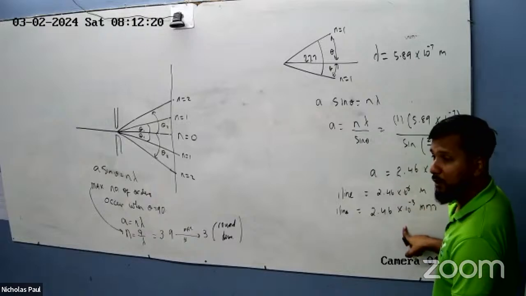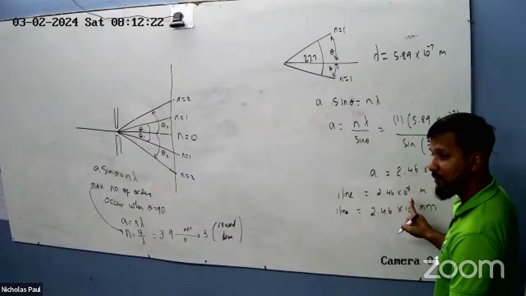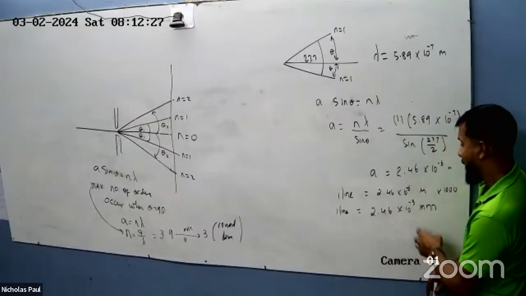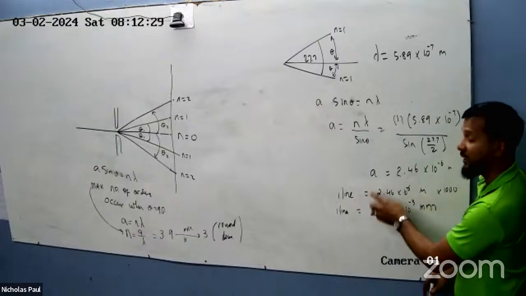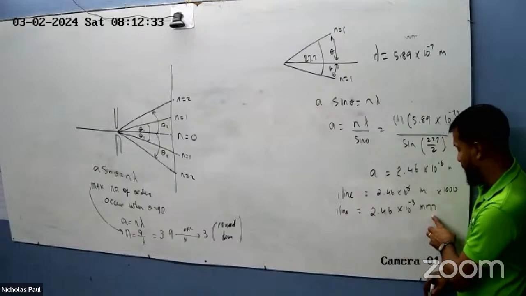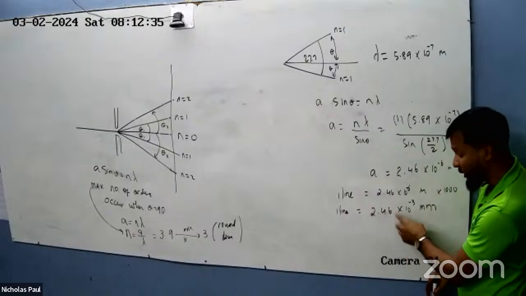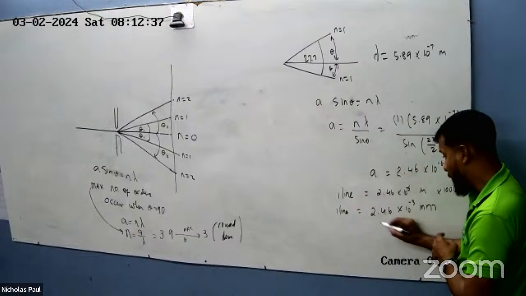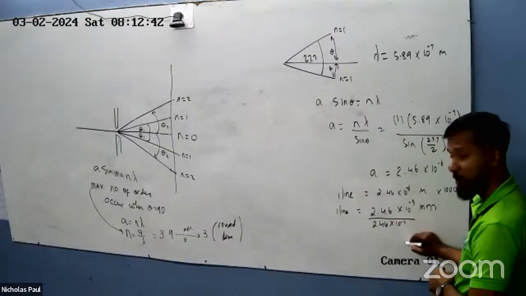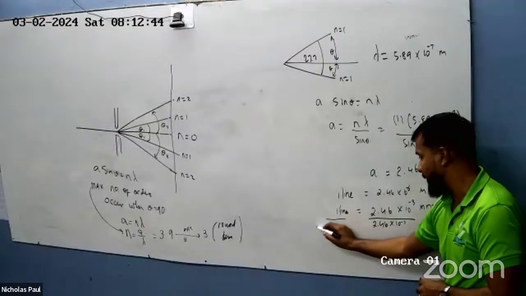This is one line in meters, and one line in millimeters. Now I'm going to find how much in 1 millimeter, so I divide this by 2.46 by 10 to the minus 3. I do the same thing here.